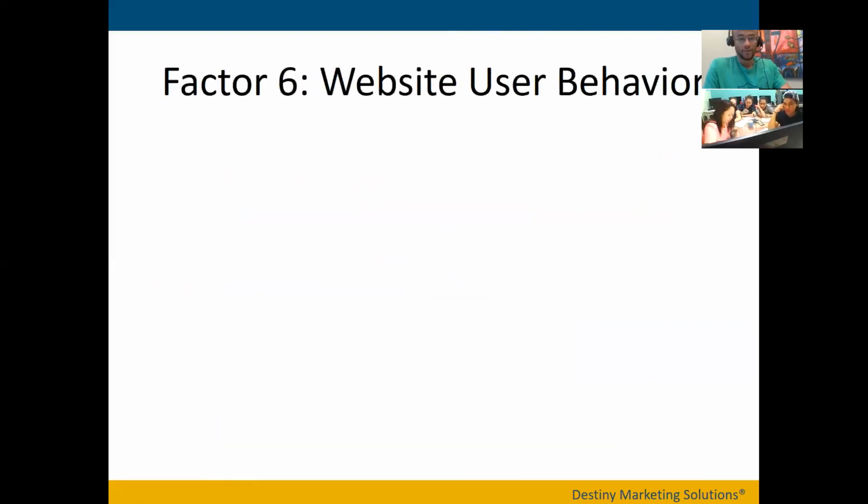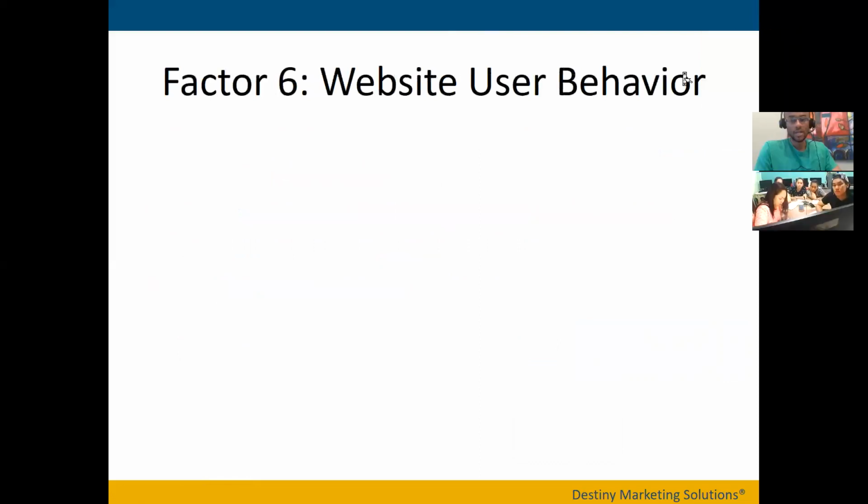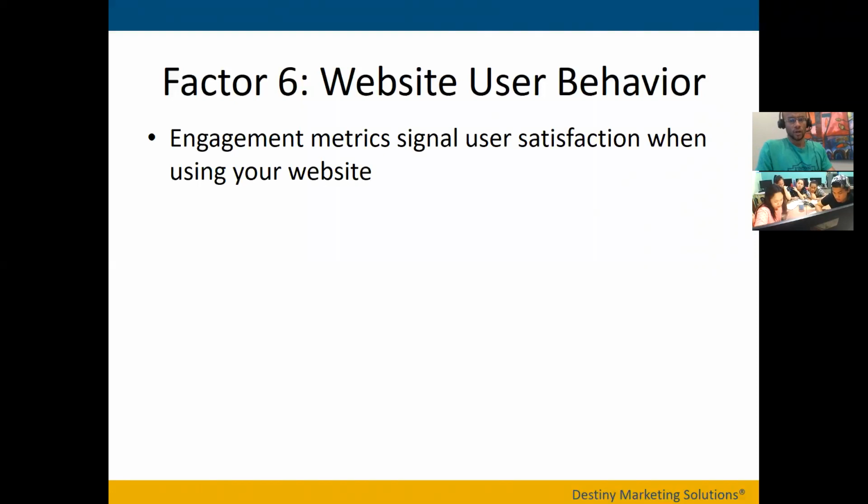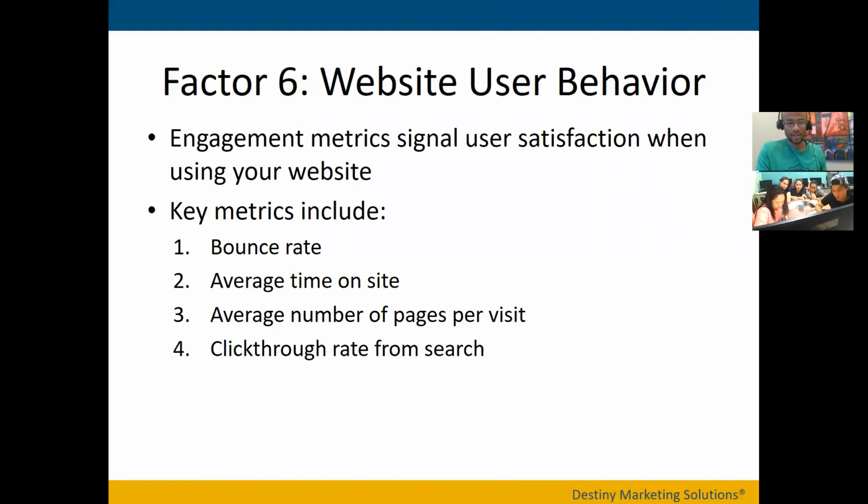So moving on to factor number 6, website user behavior. We touched on this a bit in previous weeks, but this is going to be a quick review. It's very important that you have good engagement metrics for your website because these signal that users are satisfied when using your site. Some of the key metrics include bounce rate.